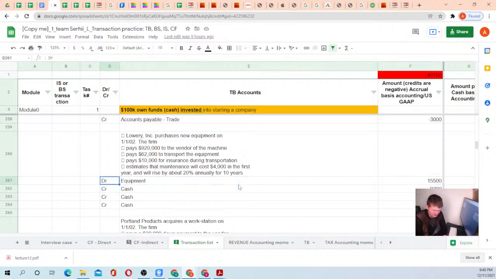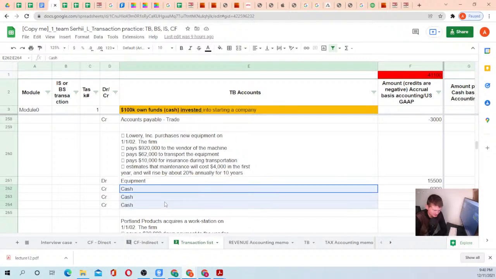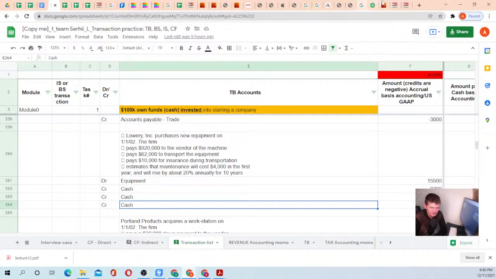So we debit equipment and we credit whatever we pay for different items. Sometimes we will recognize transportation and insurance as expense first, and then we will reclass it to the equipment. We will credit the expense and debit the equipment account. Okay.